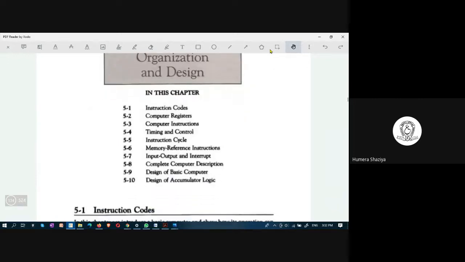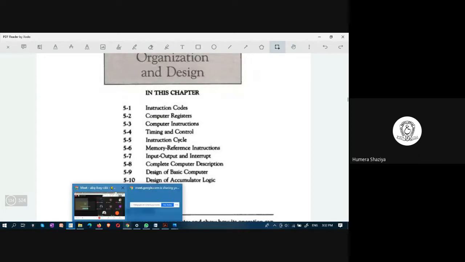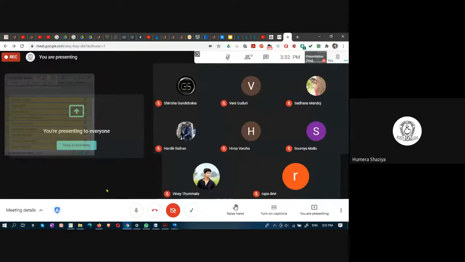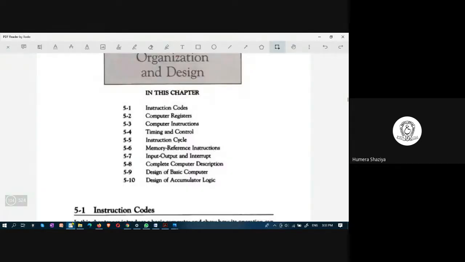In this chapter, we will learn instruction codes, computer registers, computer instructions, and we will touch upon timing and control.